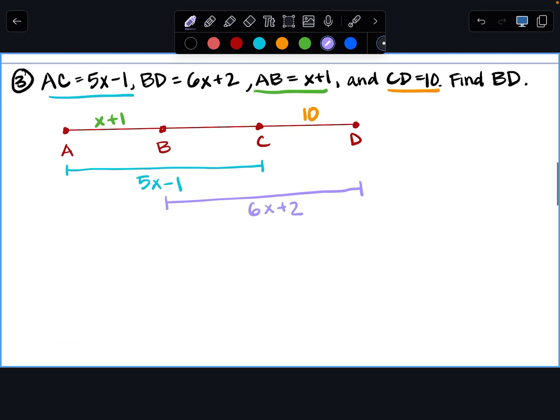So again, here I need to find parts that make up a whole and add those together. 5x minus 1 plus what would be the entire line? Plus 10. And then you could do the other two, which is x plus 1 plus 6x plus 2.